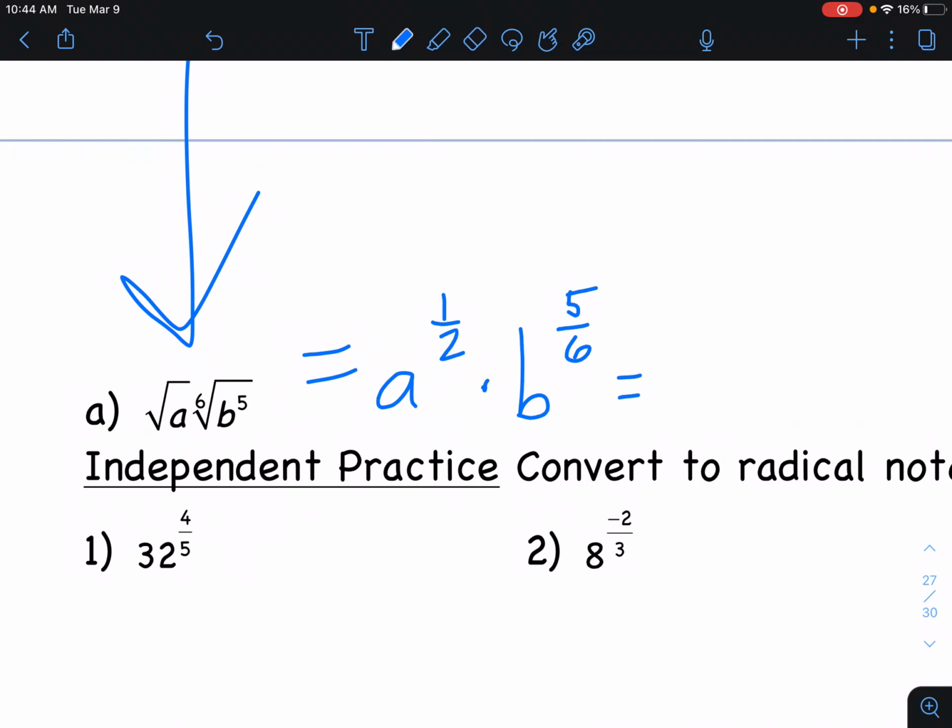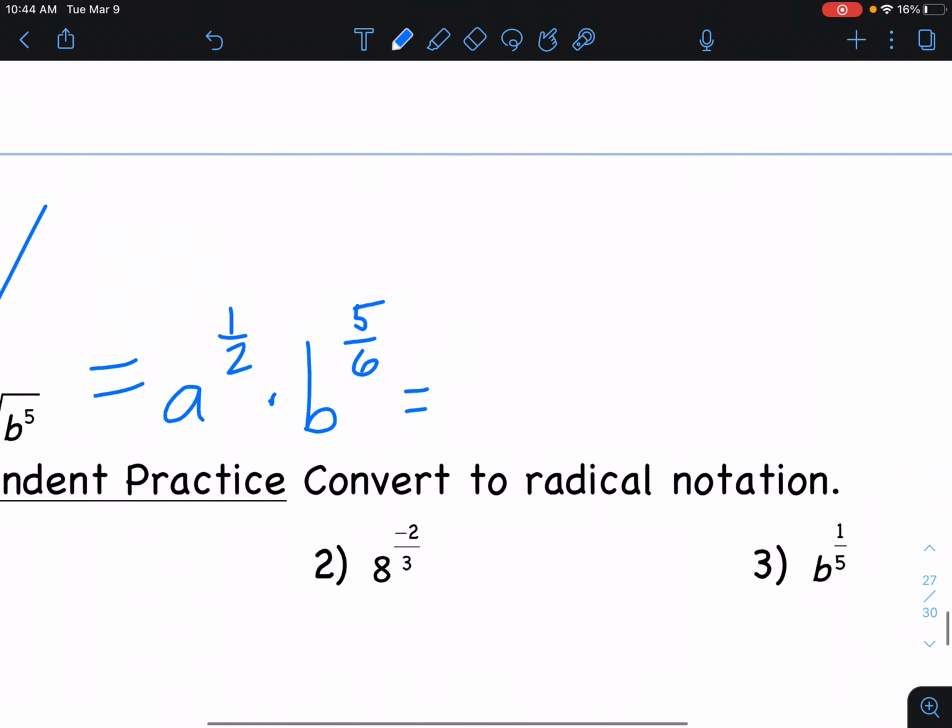And then what we can do is actually, I'm sorry, earlier I said multiply, I did not mean to say that. We are going to get this guy and this guy to have a common denominator. So if you show 2 and 6, that would be 6. So a is 3/6 by multiplying each number by 3.